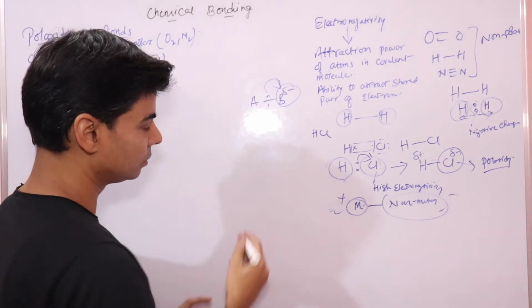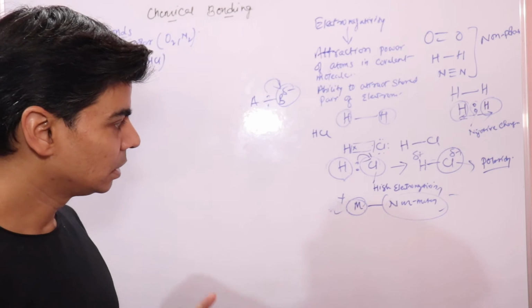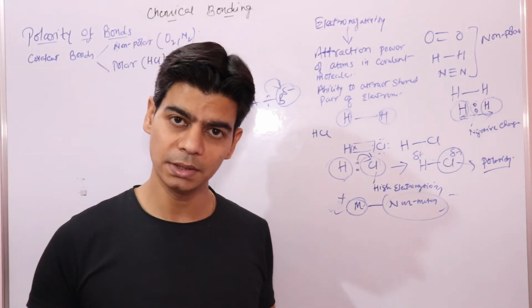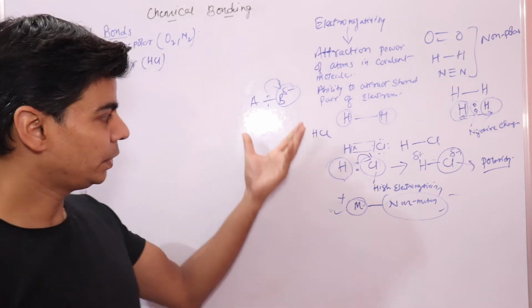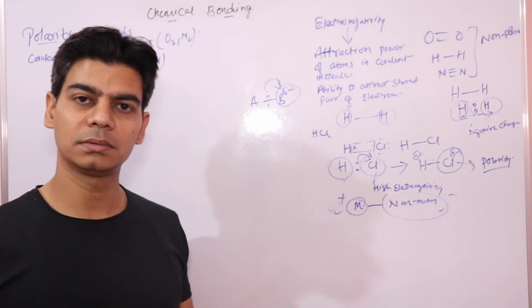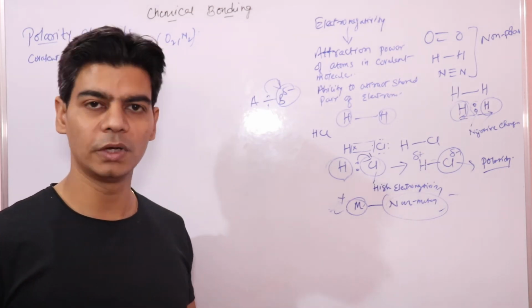And this is the same as your ionic bond, right? So there is an ionic character in a covalent bond.